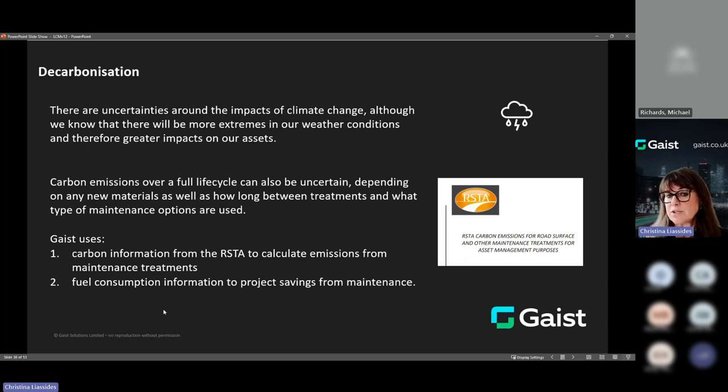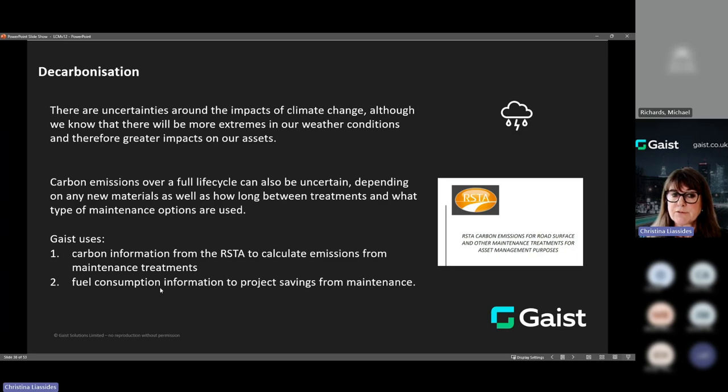But the other thing that we do when we're projecting carbon outputs, or carbon emissions, if you like, over time, is we do use fuel consumption information. Now, that offsets, in fact, the fact that you're spending carbon to renew the road, but you're also then saving carbon on fuel consumption. So it's not necessarily a direct saving to the council, but it is a direct saving to the local environment. Now, these are both data-led bits of information.